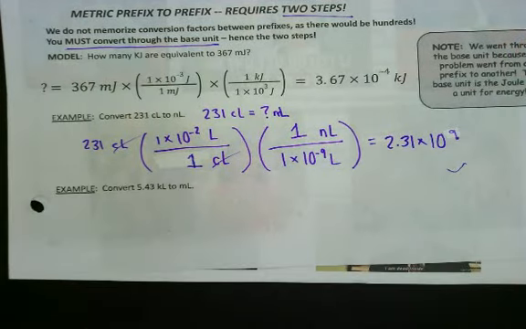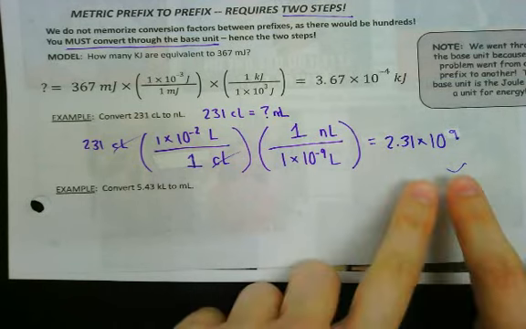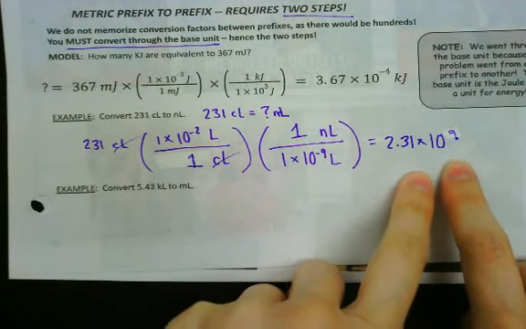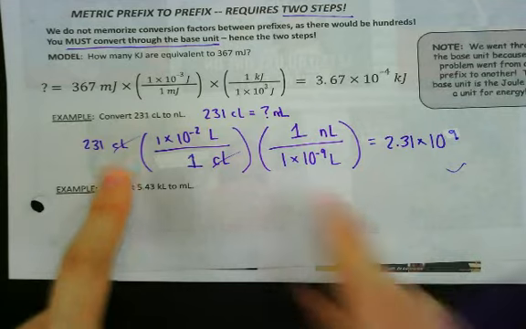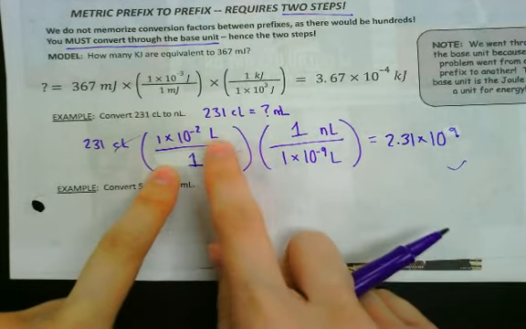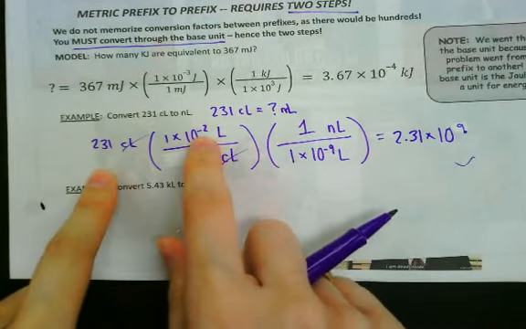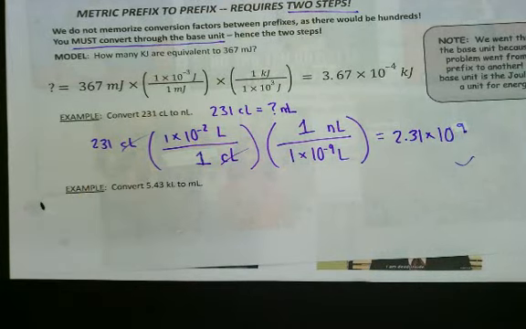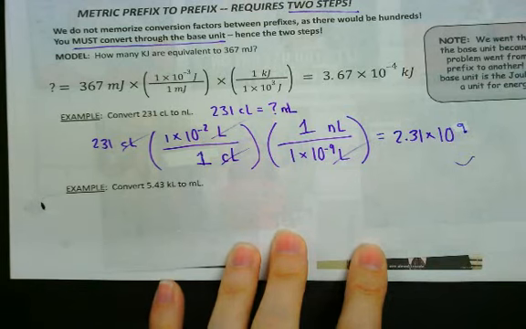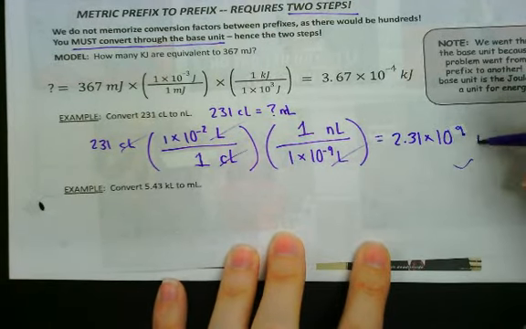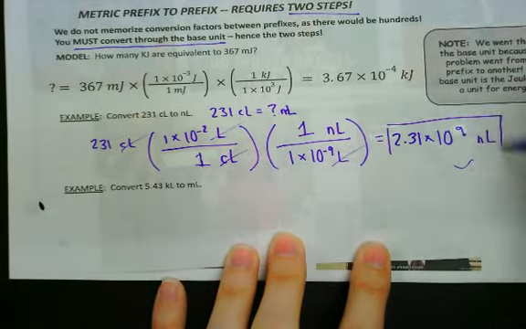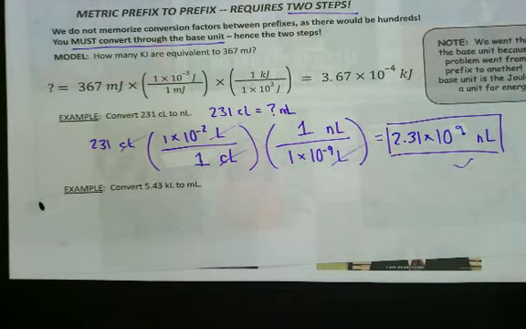What about now, y'all? Do we agree with that? Thumbs up, thumbs down? So it should be 2.31 times 10 to the 9. If you got to the negative 9, double check that you typed in everything correctly with your negative exponent. And then our final unit is going to be what? Nanoliters, yes. Okay.